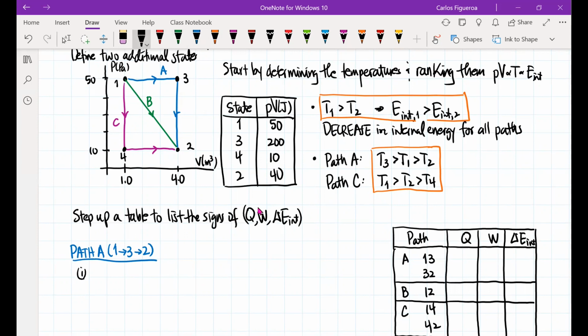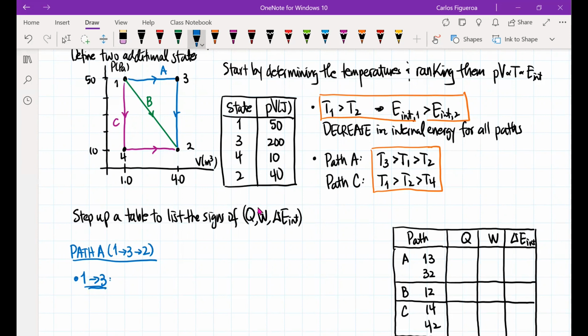The first thing is that I'm going to look at the working. So what I see here is this here. Actually, that's not the way I want to do it. I'm going to break it up into paths. I'm going to do 1 to 3 first.